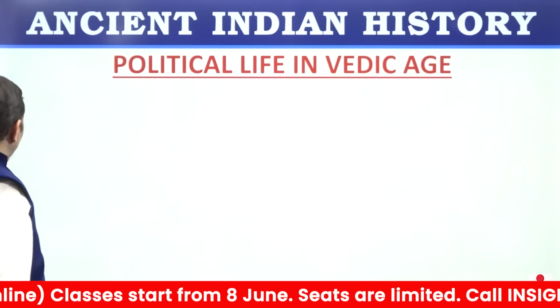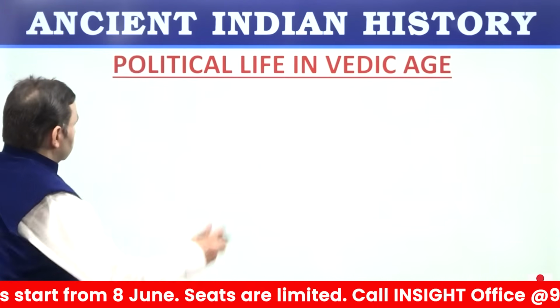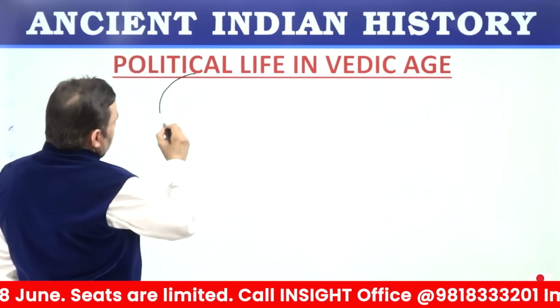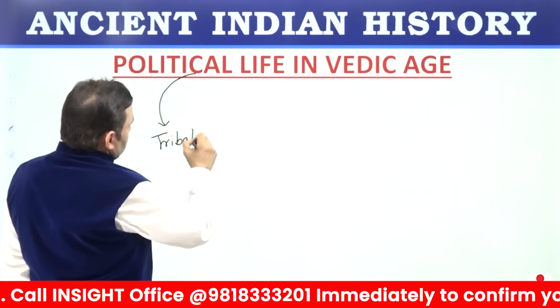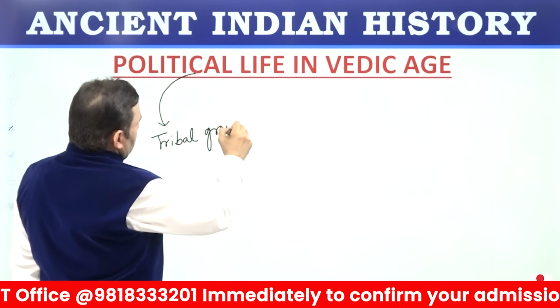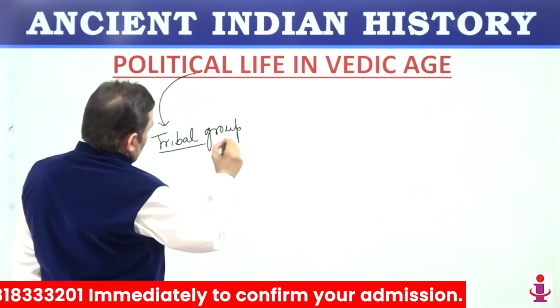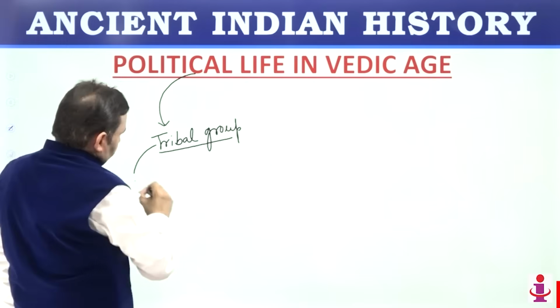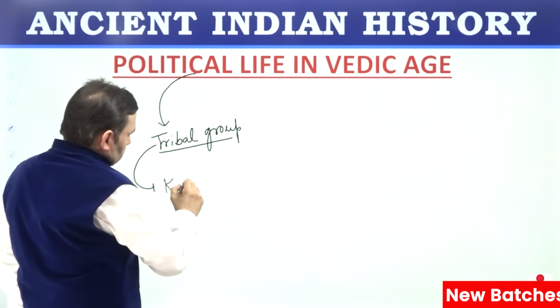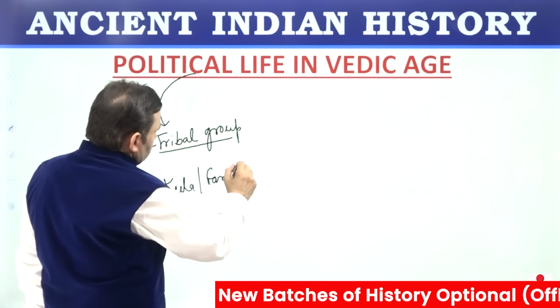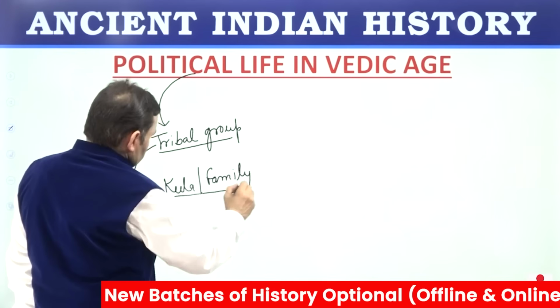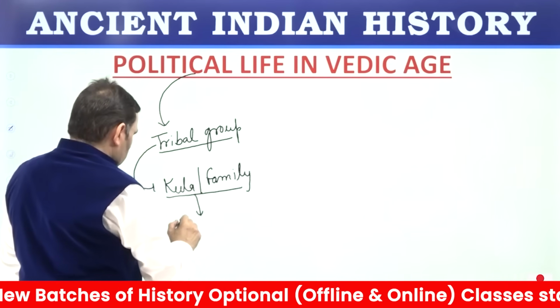What was the political life in Vedic age? The Vedic Aryans were tribals, so they were living in tribal groups under a tribal chief. Family or Kula was the smallest unit. A number of families together formed village or grama.